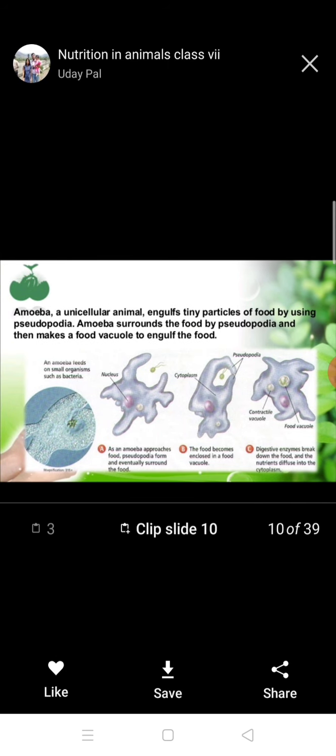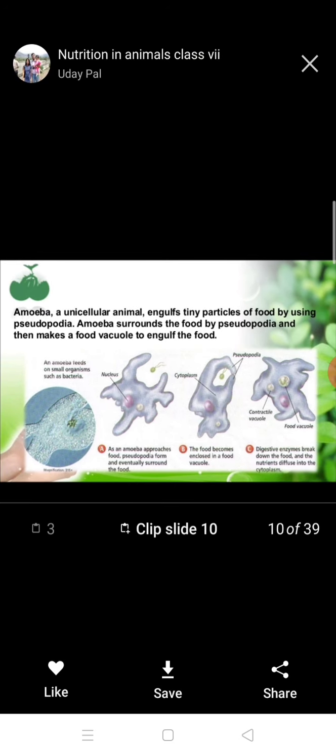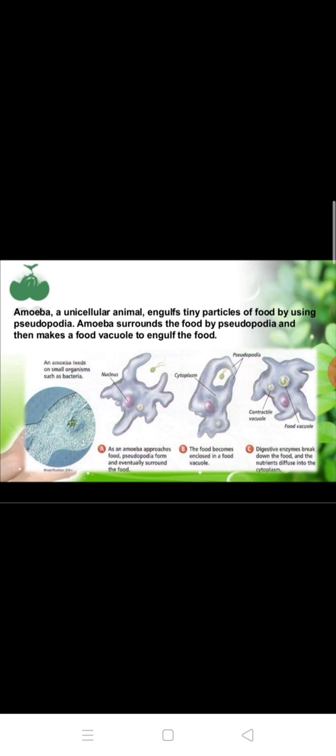Do you know that amoeba is a unicellular organism, a single-cell organism? You cannot see it with your naked eyes. To see it, you need to use a microscope.